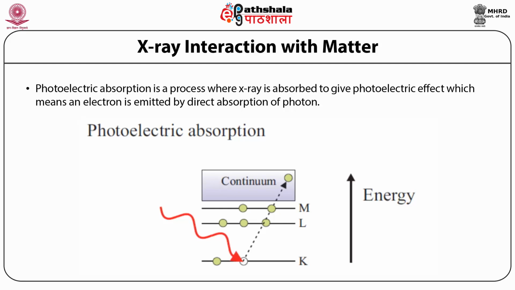So this shows that the energy of the photon is so much that it removes an electron from the K shell and puts it into the continuum. It means outside the atom. Now it is no more bonded to the atom, it's basically a free electron. So that is photoelectric absorption.